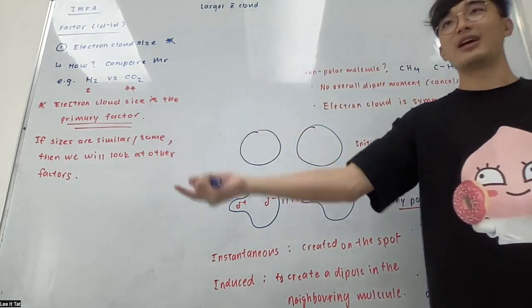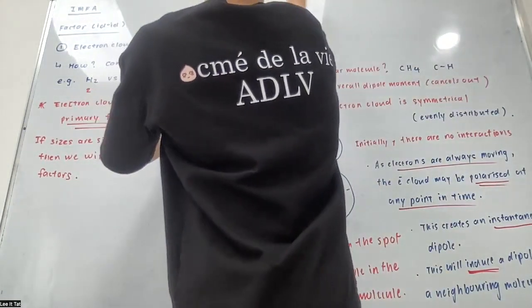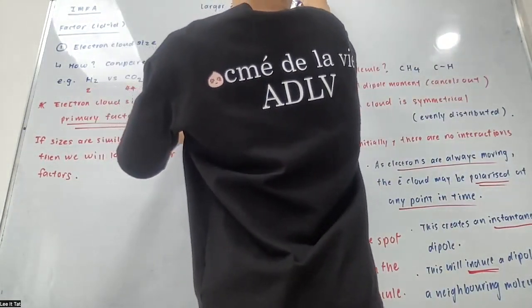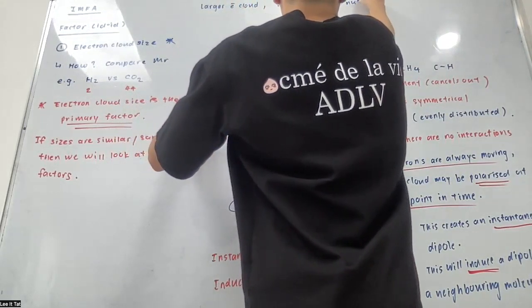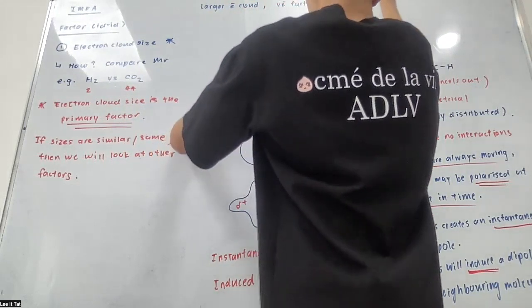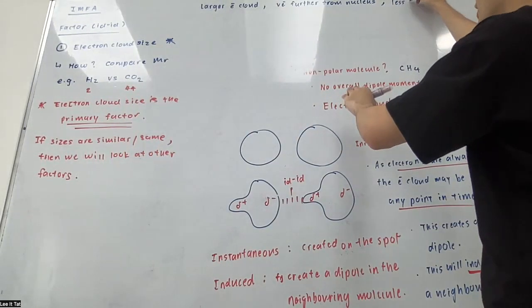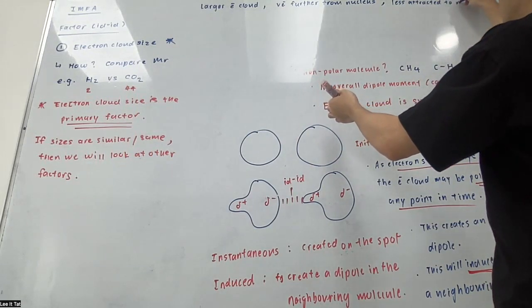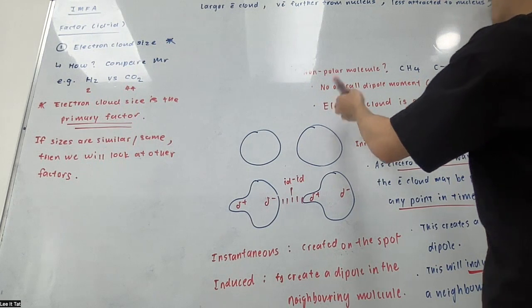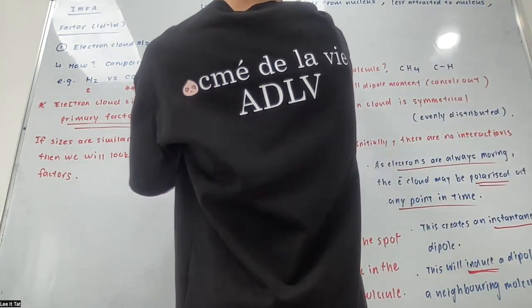You're less attracted, right? So let's write out that idea. Larger electron cloud means valence electrons further from nucleus. And when you're further from nucleus, it means less attracted to the nucleus. And just like what we learned in the previous segment, less attracted means more easily polarized.